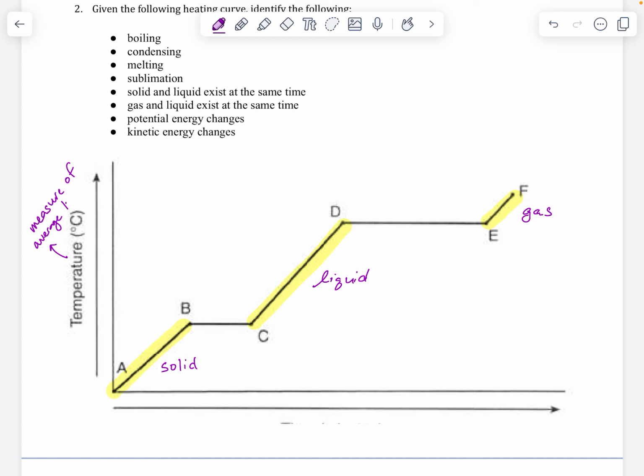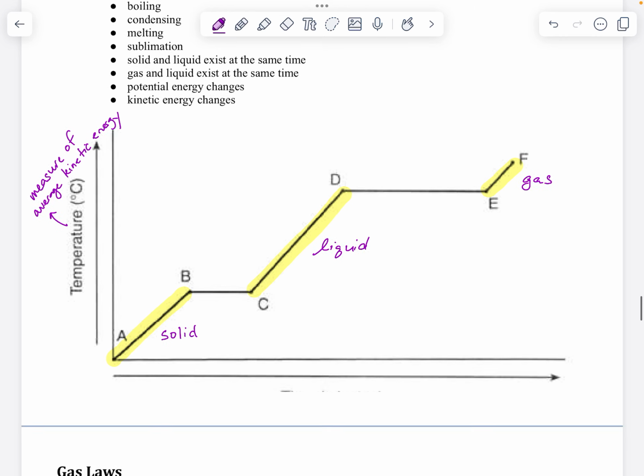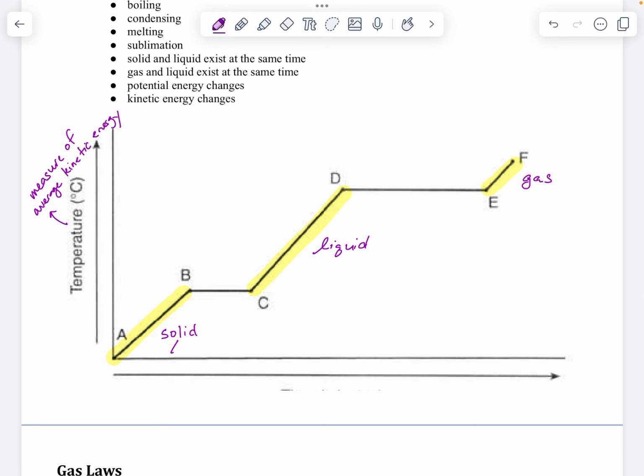average kinetic energy, anytime the temperature is changing, the kinetic energy is changing, right? So this tells me, if I'm a solid here, that kinetic energy is changing as I heat or cool that substance, which tells me that the particle speed changes.